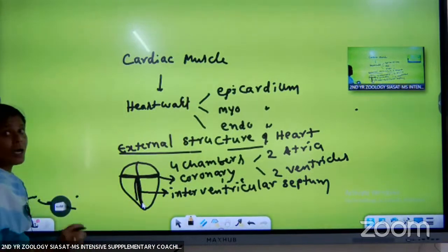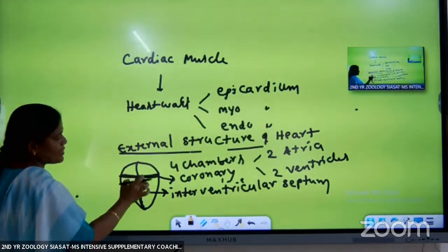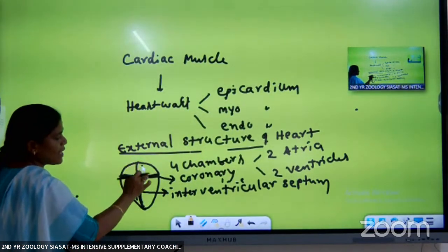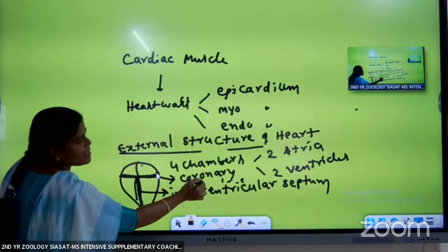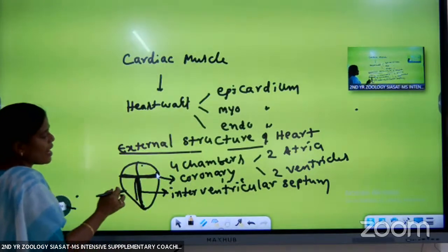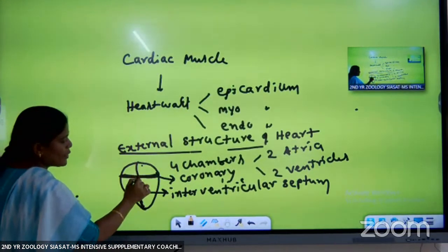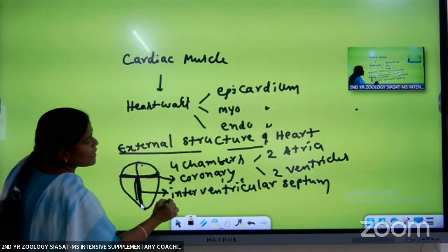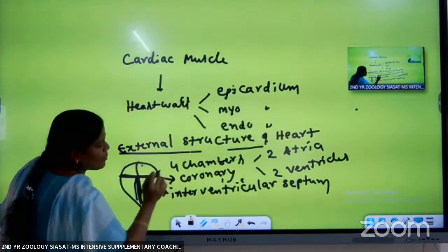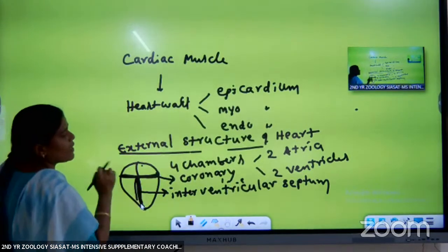In the outer-looking structure, only the atria and ventricles are visible. Between the atria and ventricles, the horizontal groove appears, that we call the coronary sulcus. And longitudinally, one groove is present between the two ventricles, that is called the interventricular septum. On that septum, coronary arteries are visible.